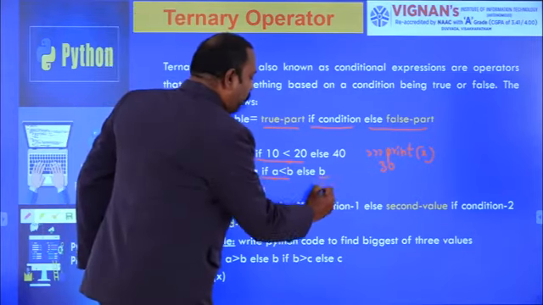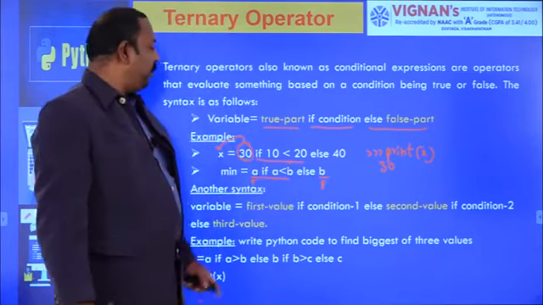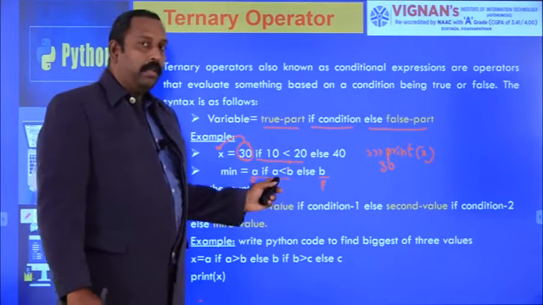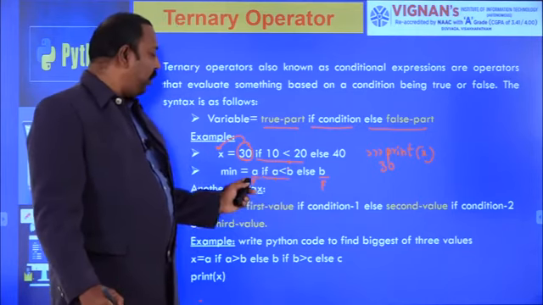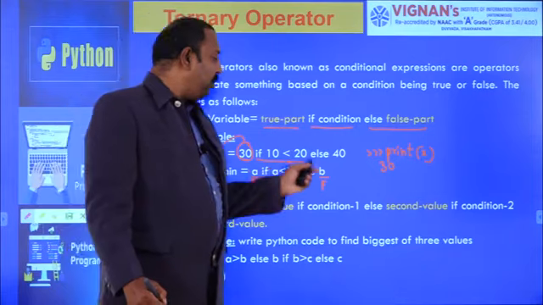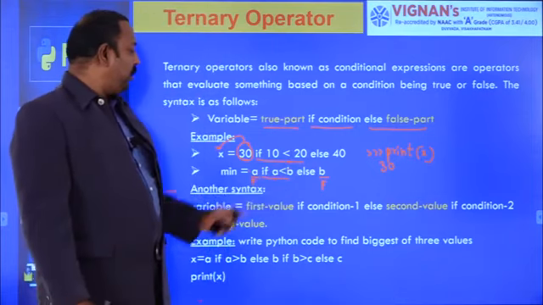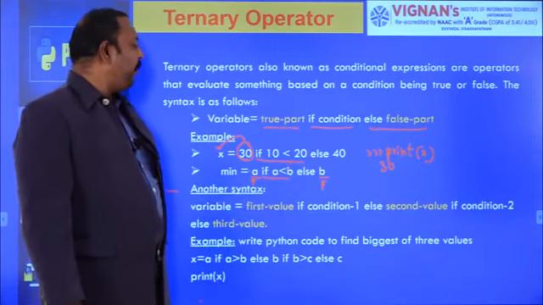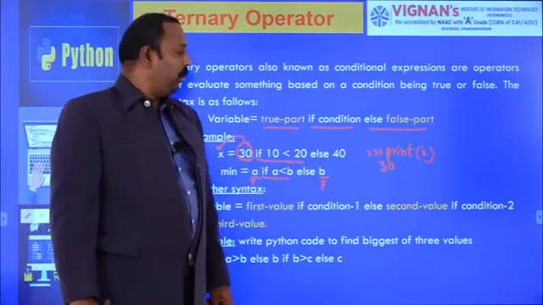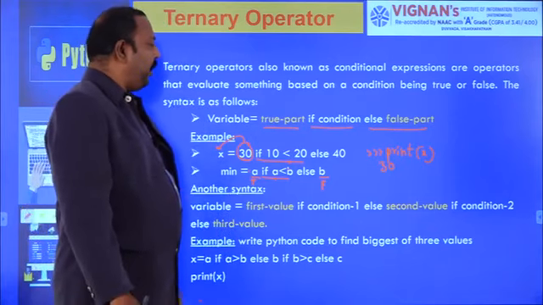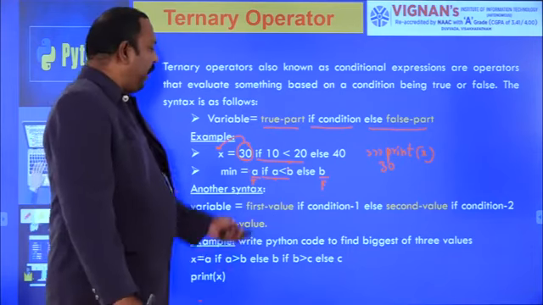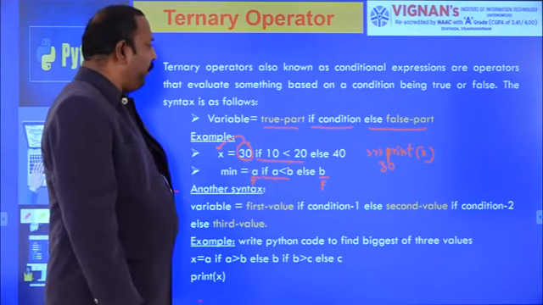Otherwise, it will execute the false part. If a < b, a is the minimum value. That's why in the true case you have to write a, and in the false case you have to write b. So this is the logic for finding the minimum of two numbers a and b.